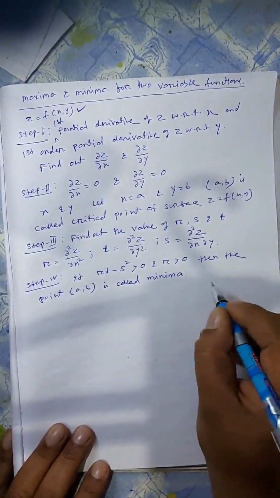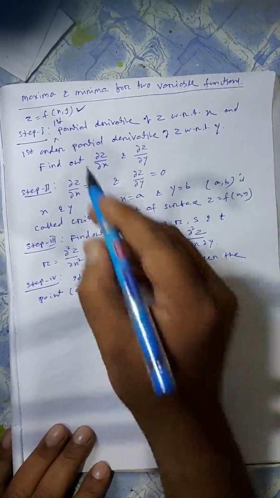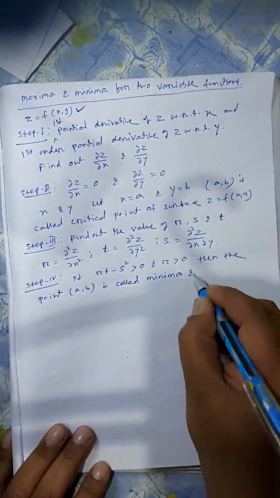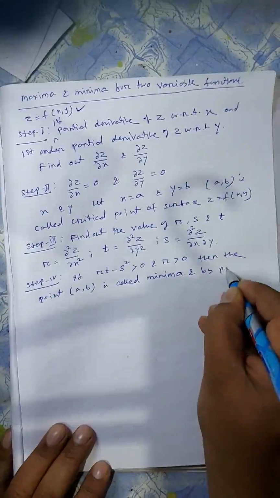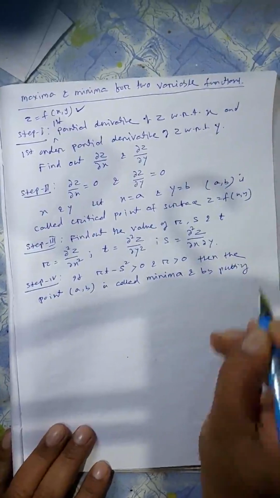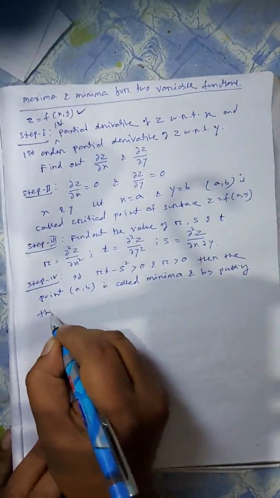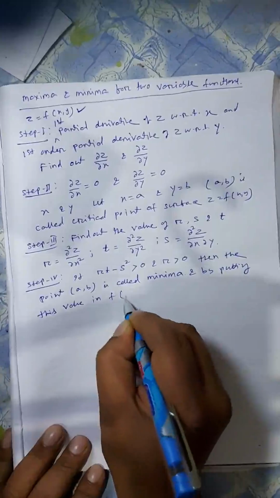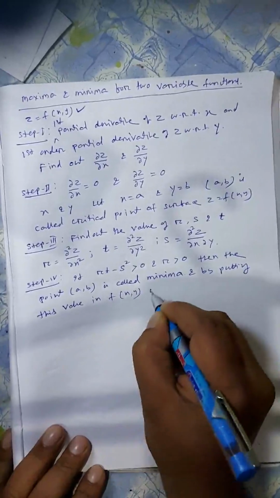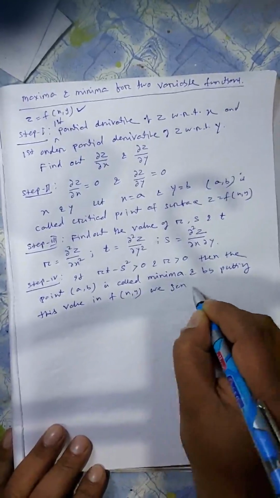And when we put this value in f of x y, we get the minimum value.